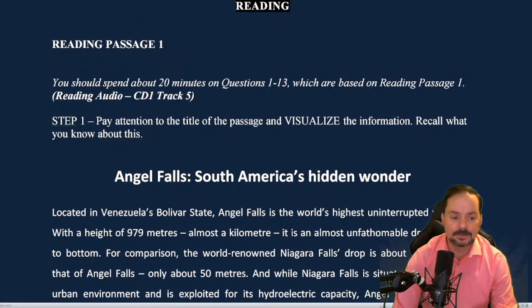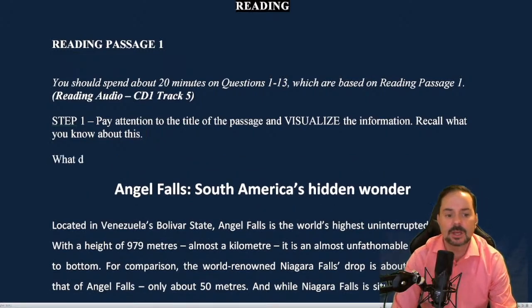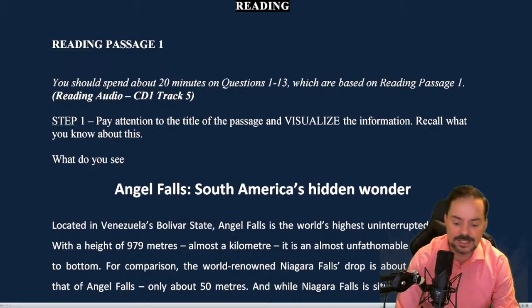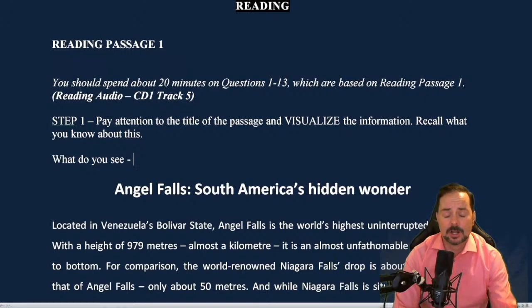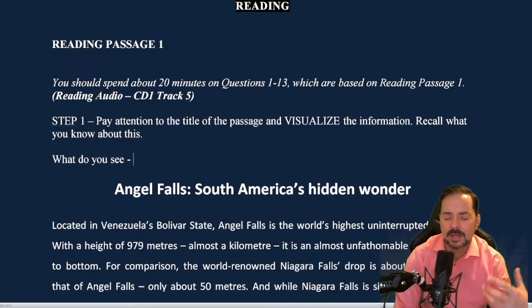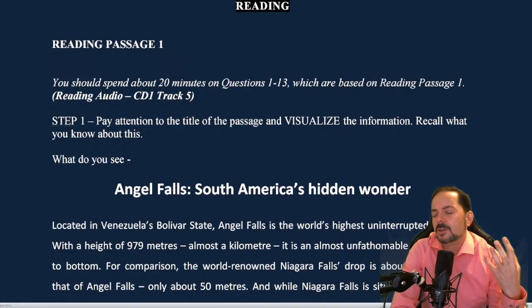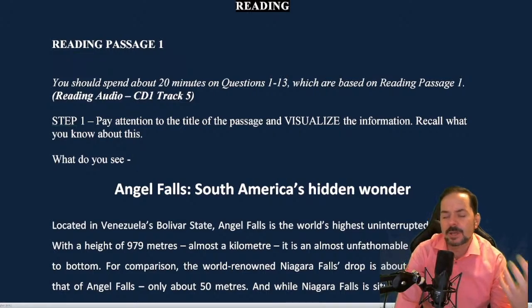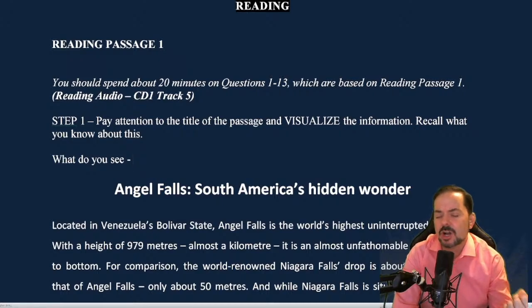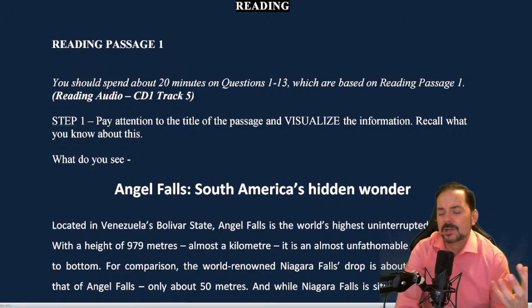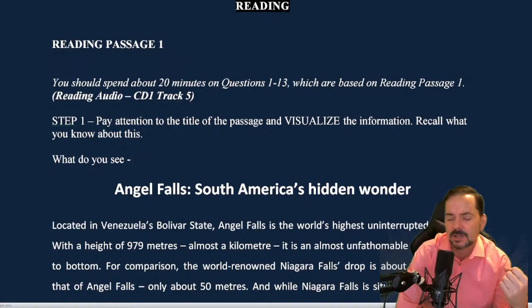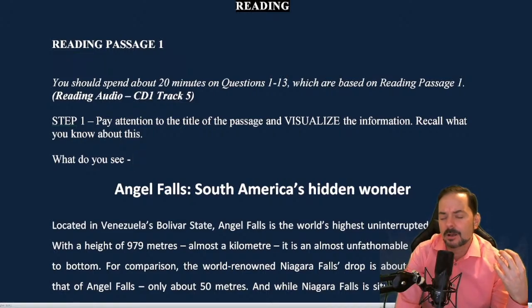What do you see? Okay, what do you see when you picture this? So you should actually see information, okay? When I close my eyes, I see myself at the bottom of a beautiful waterfall somewhere in a South American jungle, and this waterfall is just huge. There are big green plants, trees, jungle. I even see beautiful parrots and colorful birds, and there's a black panther up in a tree.